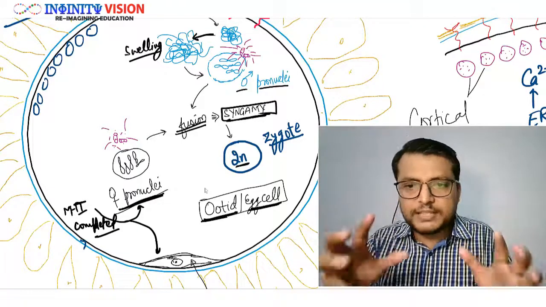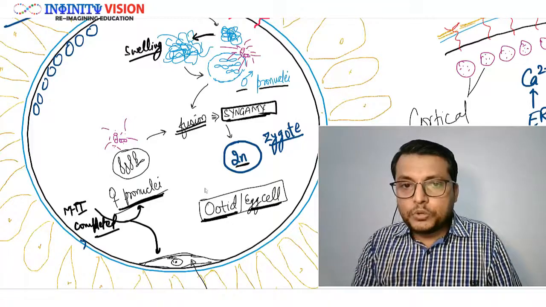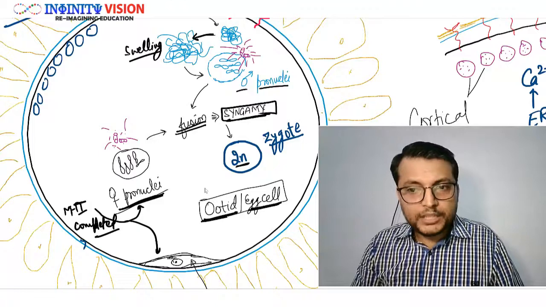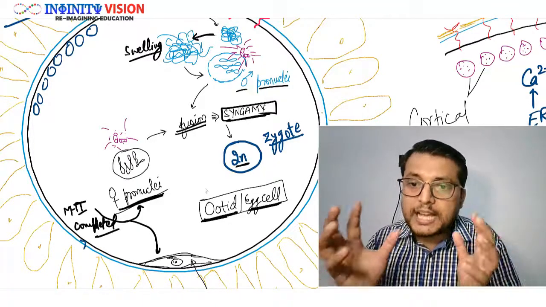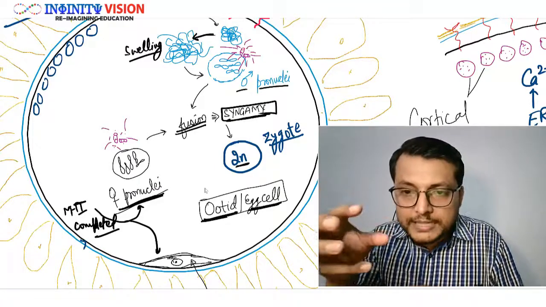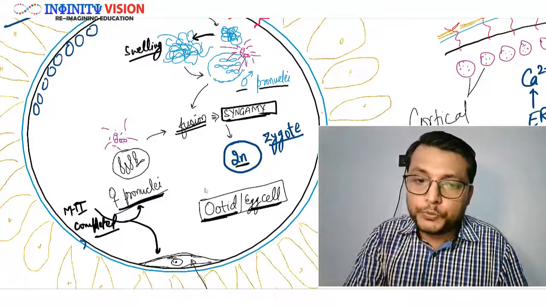All this is still there. Slowly they will degenerate, and this zygote will develop into an embryo. During this whole process, remember, this has occurred in the ampulla, or to be precise, at the junction of ampulla and isthmus in the fallopian tube.